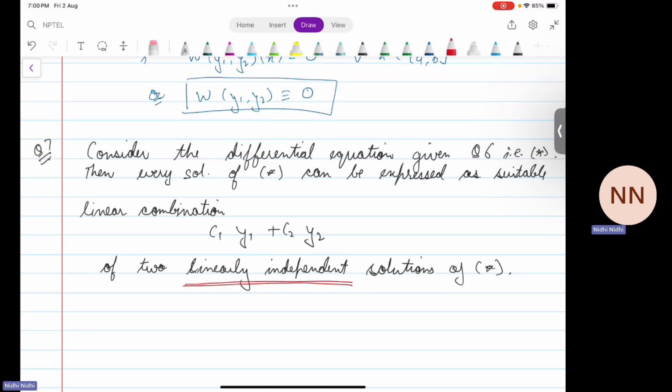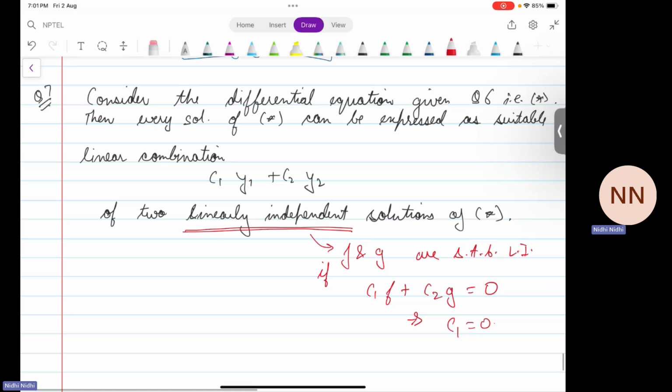Or we can say two functions f and g are said to be linearly independent if c1f plus c2g equal to 0 must imply c1 is equal to 0 is equal to c2. Because if either of them is non-zero, it turns out to be linearly dependent.